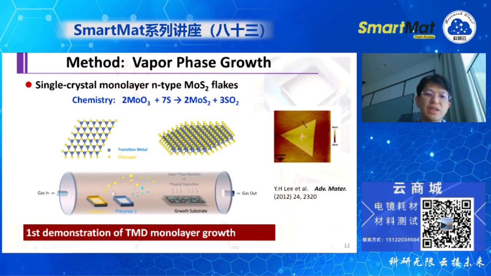We evaporate those two powders, controlled at different temperatures. When they evaporate, they react in the gas phase and then precipitate on the downstream side on the right-hand side. If you set the correct temperature on the substrate, they can form monolayer triangular lattices, which are single crystal MoS2 flakes.